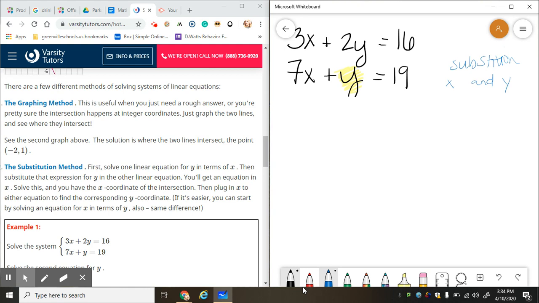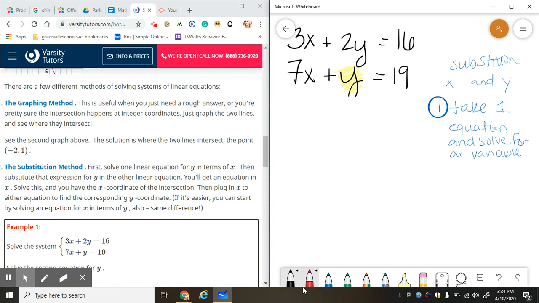I have to get an x or a y by itself. So my step one, I guess I could say, is take one equation and solve for a variable. And it doesn't matter which variable, but I chose y because it's already by itself.